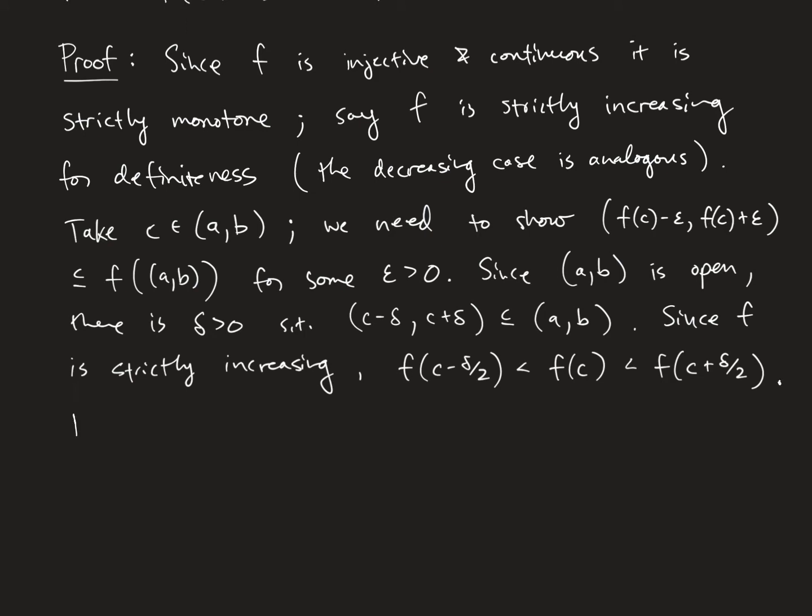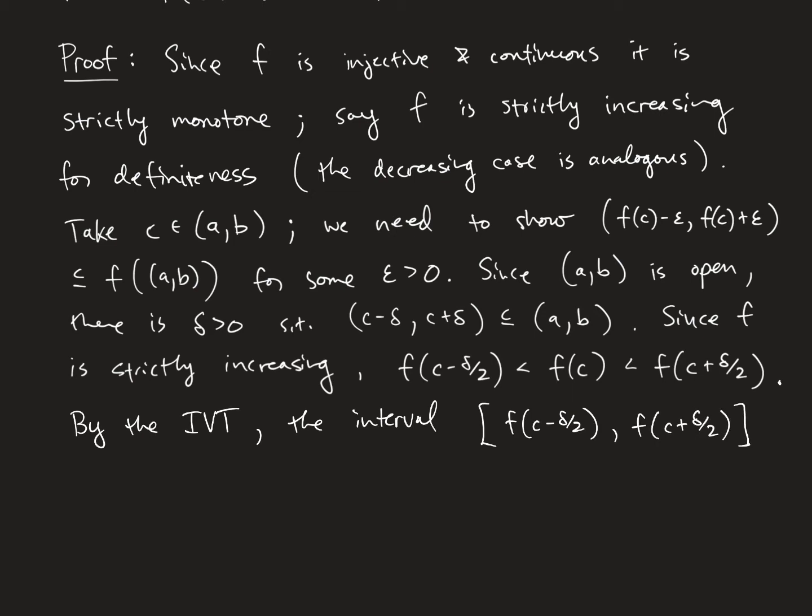So that's immediate by the intermediate value theorem. The closed interval, f of c minus delta over 2 to f of c plus delta over 2 is contained in the image, is contained in f of AB.